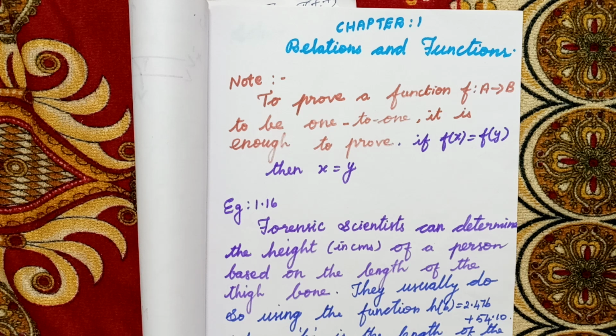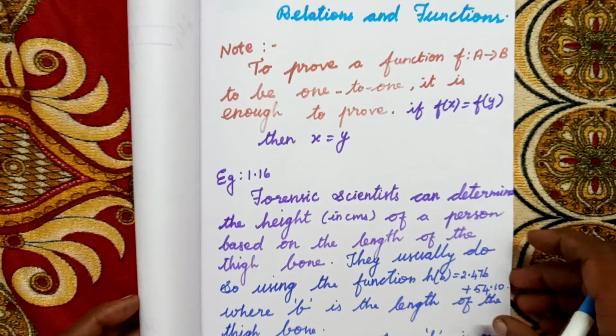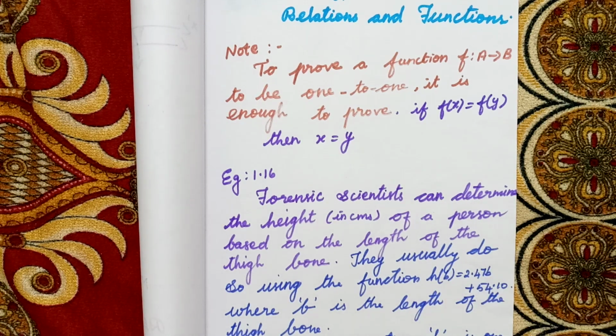More than one element in A have the same image in B. What is onto function? Every element in B has a pre-image in A. Next, what is into function? At least one element in B does not have a pre-image.